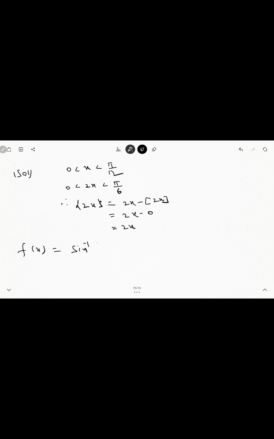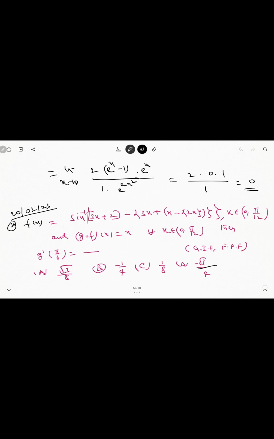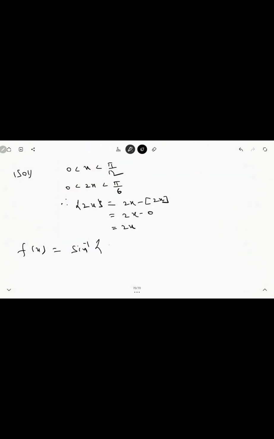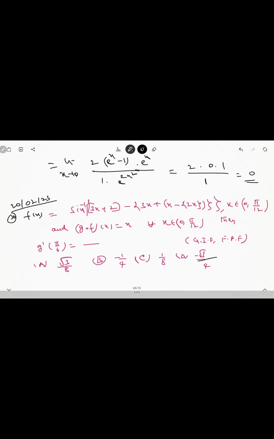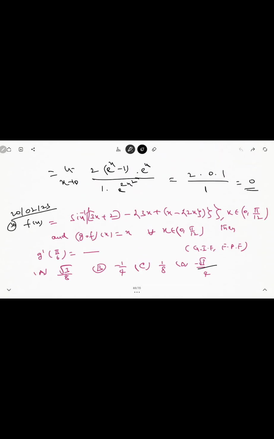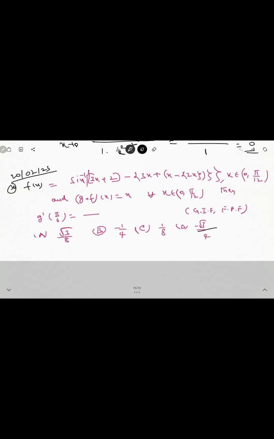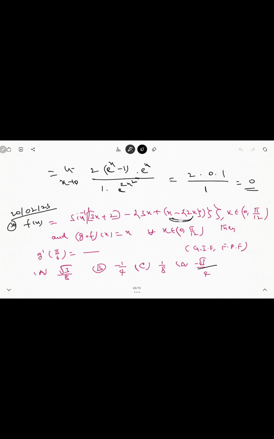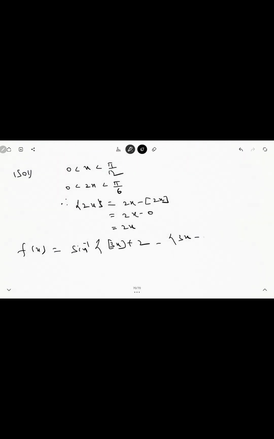So function f of x is equal to, tell me, sine inverse of fractional part of integer part of 3x plus 2. Because 2 is an integer, I can write it out of that box, minus fractional part of 3x, x minus 2x. x minus 2x means minus x, again fractional part of x, correct?